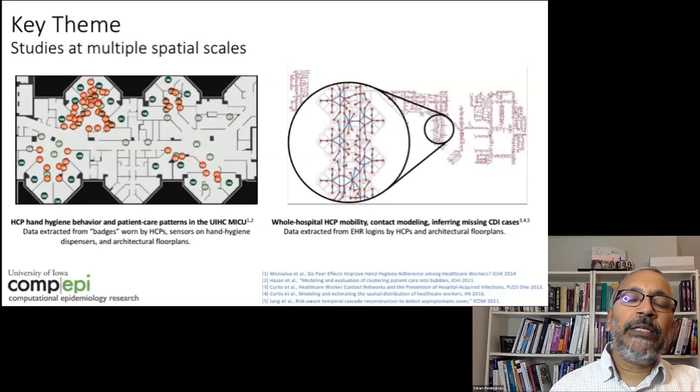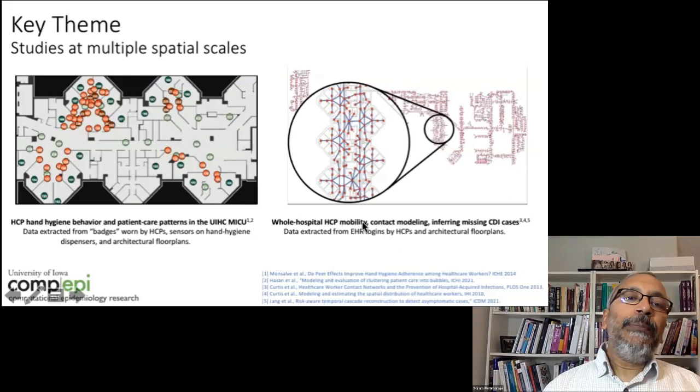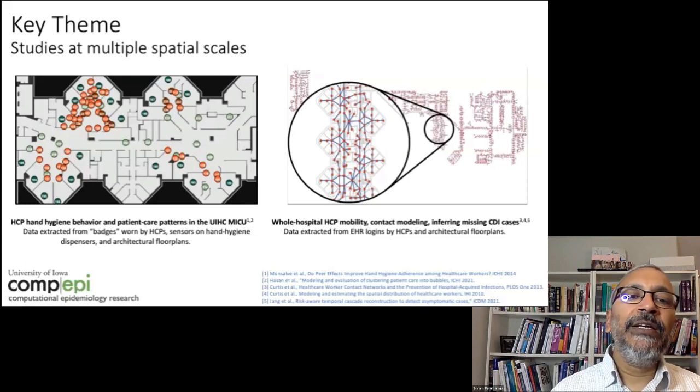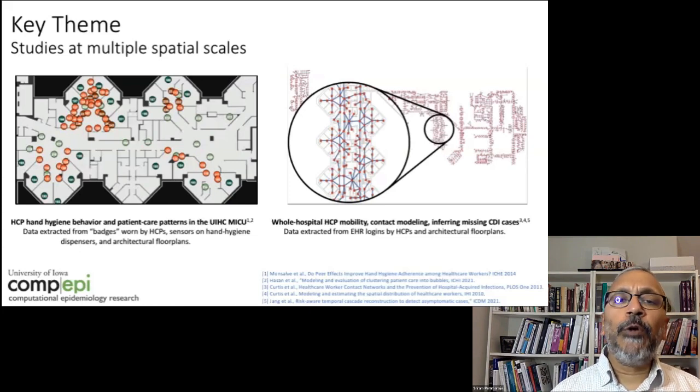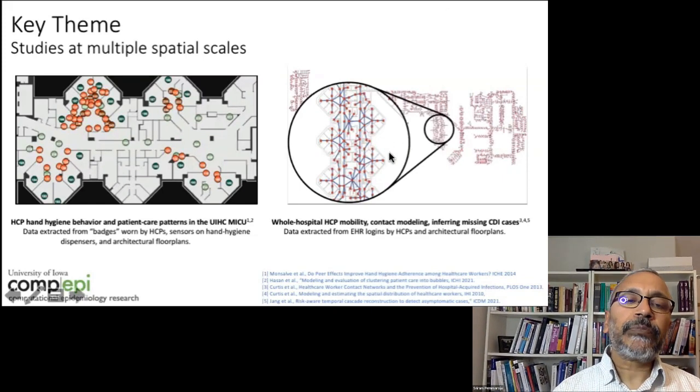And this metric forms the basis of a lot of the studies that we've performed that ask basically whole hospital questions. In the beginning, when we first tried to do this, we did this by hand, but subsequently, we've designed some tools that can take architectural floor plans as input, those that are created by CAD software, and then impose these kinds of graphs on top of them and basically extract a walking distance metric based on this.